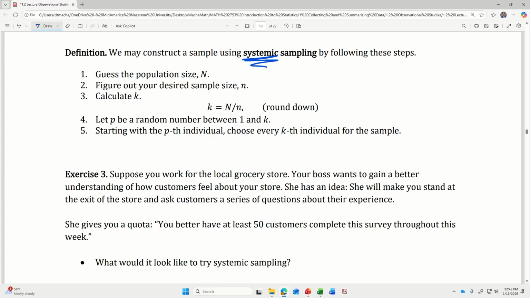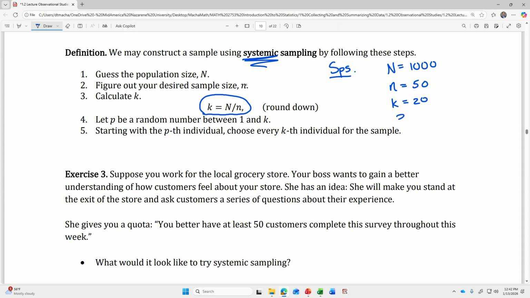Let's make up some numbers so you can see how this is done. Suppose your population size is 1,000. Suppose your desired sample size is 50. Then the population size divided by the sample size would be 1,000 divided by 50. So that would be 20.